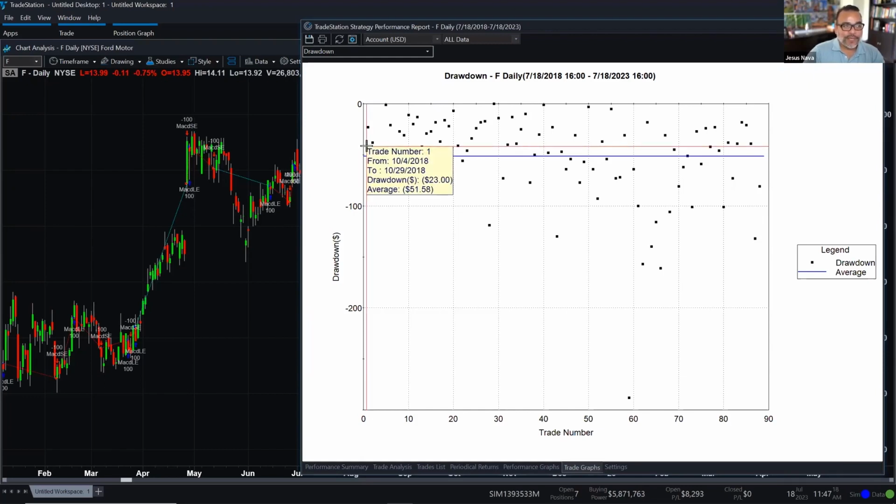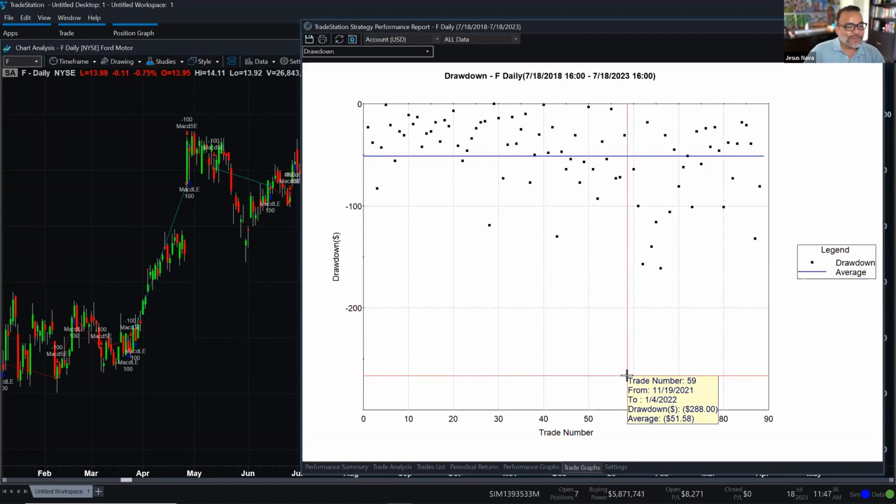Our very first trade, which we looked at at the very beginning of the historical backtest, had a drawdown of $23, but it also had a loss of $23. So a lot of these are going to be trades that were exited right at the maximum drawdown, but not all of them. The one with the largest loss also exited at its largest drawdown, which is 288. But let's take a look at a profitable trade.